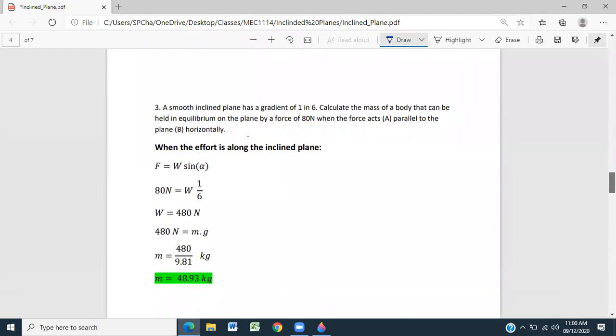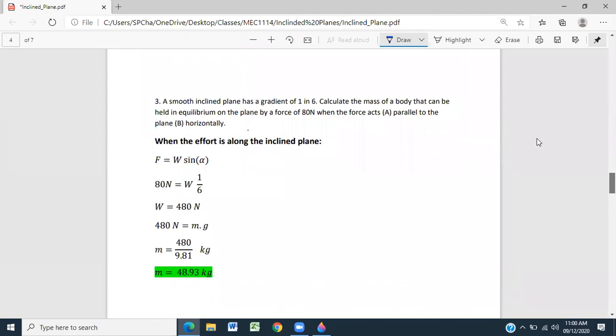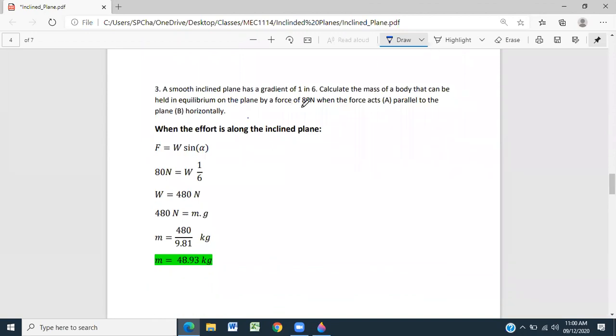Okay, no. We're given the force, right? And we have to calculate the mass of a body. The mass here is modular.